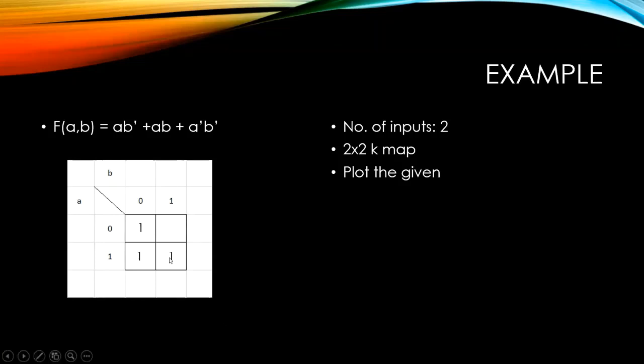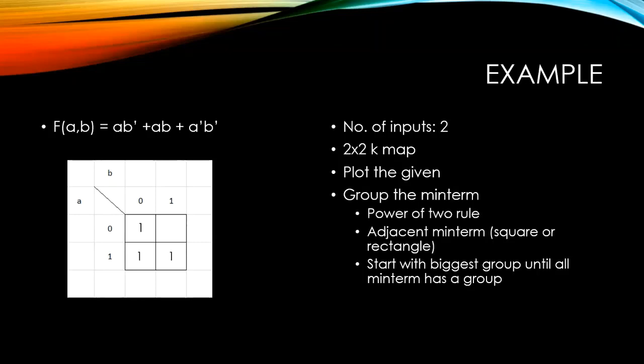Now we are ready for the grouping. So power of 2 rule, adjacent min terms, square or rectangle, start with the biggest group until all min terms have a group, or all max terms have a group. Always start with the biggest group. So power of 2 rule, 1, 2, 4. In a 2 by 2, the maximum group is 4, followed by 2 and 1.